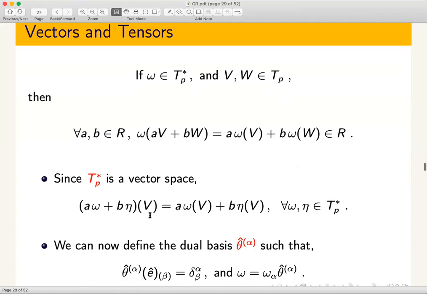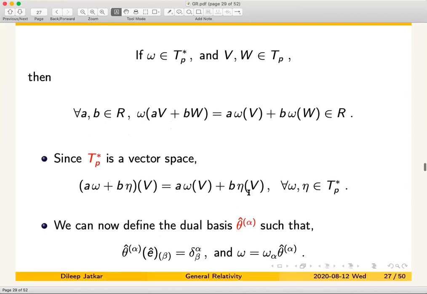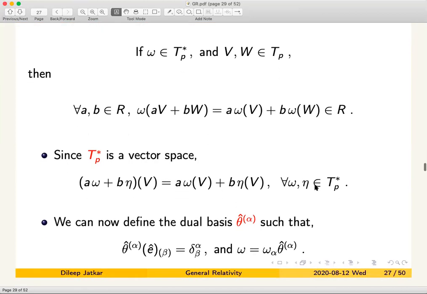That action has a distributive property, and can be written as A times the dual vector omega acting on V plus B times the dual vector eta acting on V. Omega V and eta V both are numbers, and therefore this right hand side is just a number.